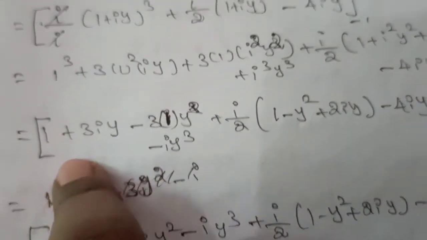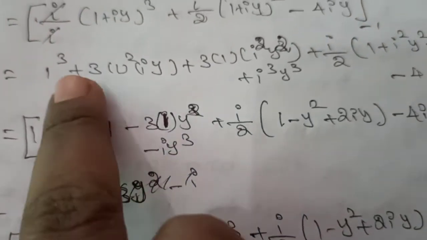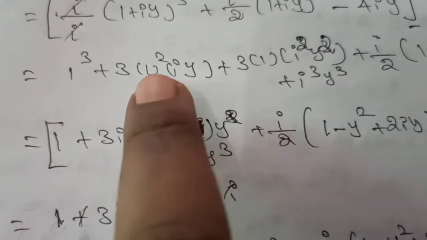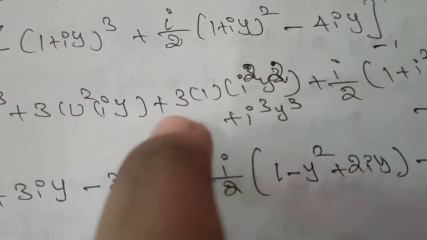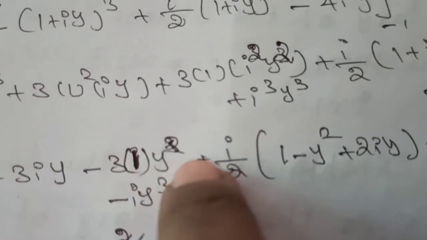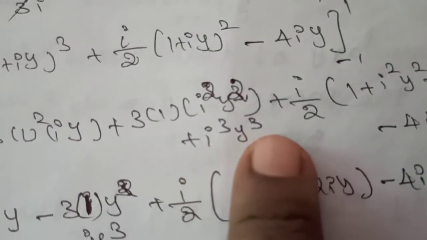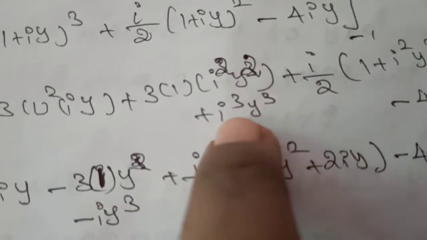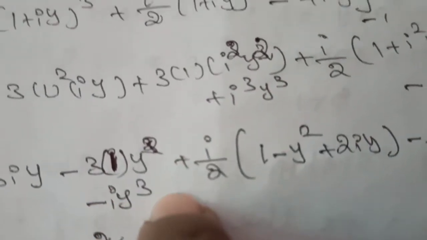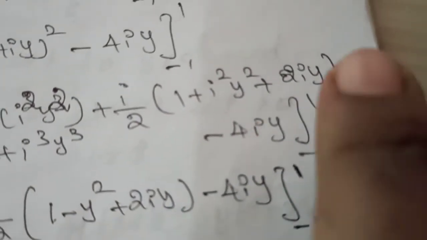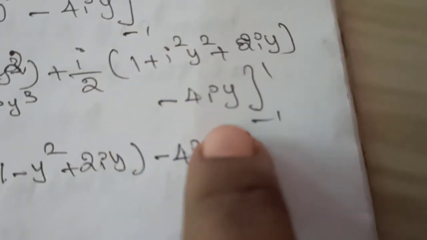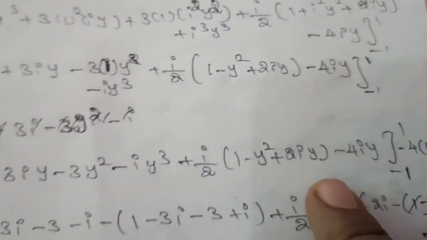Now substitute the limits and simplify: 1 cube is 1, plus 3iy, plus 3 times 1 times i square, that is minus 3y square, plus i cube y cube, that is minus i y cube, plus i by 2 times 1 minus y square plus 2iy, minus 4iy, with limits minus 1 to 1.